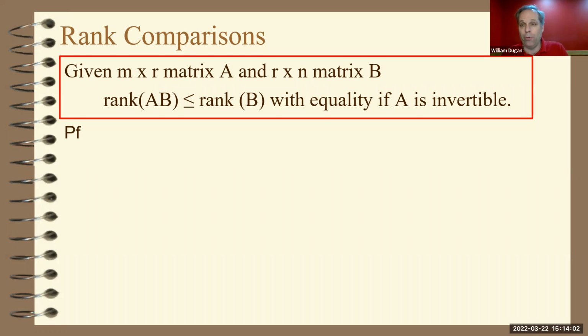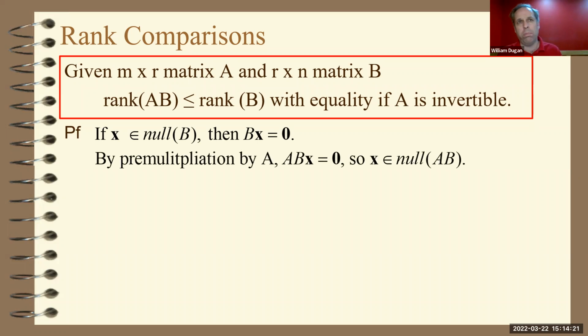There's a very important geometrical interpretation of this equation, so it certainly deserves a proof. All right. To start off, suppose that X is in the null space of the matrix B. That means by definition that B times X is 0. Now pre-multiply both sides of that equation by A, that is, multiply on the left by A. That implies that A times B times X is equal to 0.